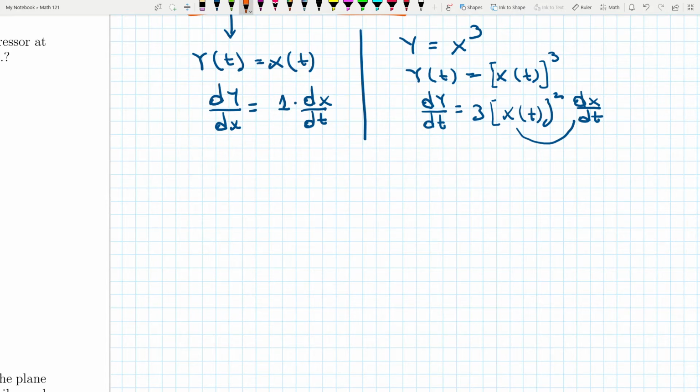Suppose we pour liquid on a flat surface. Let's pour water here on a flat surface.